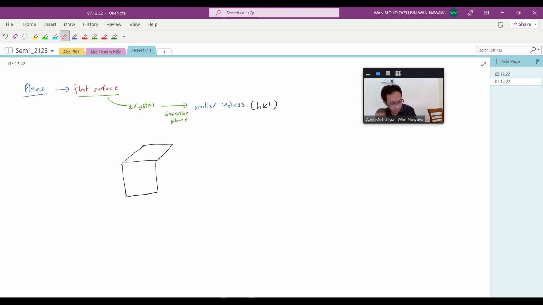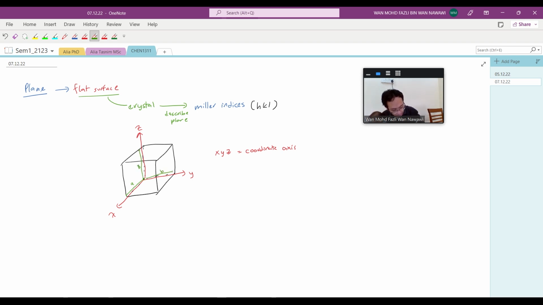I draw a cube. Let's say we take the cubic thing, and I put this as X, this as Y, and this as Z. We said before that X, Y, Z is basically a coordinate axis. If you go from this origin to the end of the unit cell, we can put A here, B here, and C here.